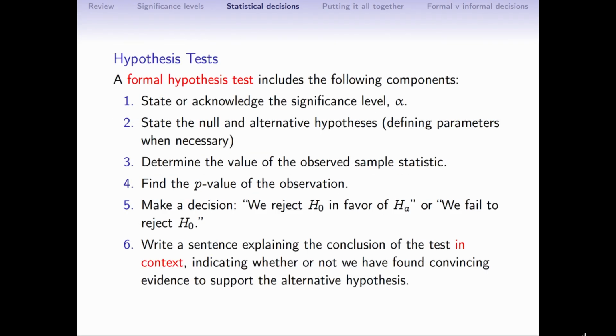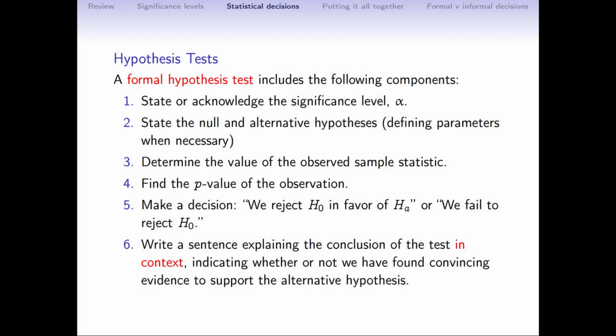So let's think about the steps that we would follow in conducting a hypothesis test. A formal hypothesis test includes the following components. Number one, state or acknowledge the significance level alpha. Number two, state the null and alternative hypotheses, defining parameters when necessary. Step three, determine the values of the observed sample statistic.